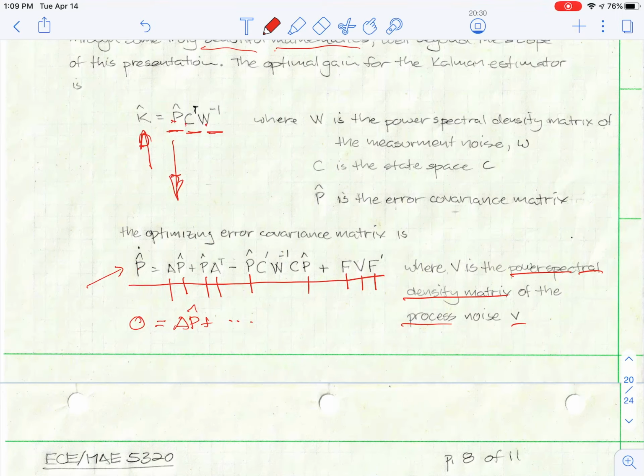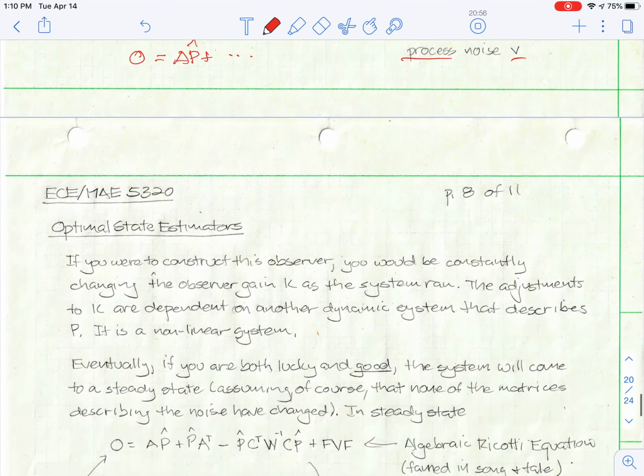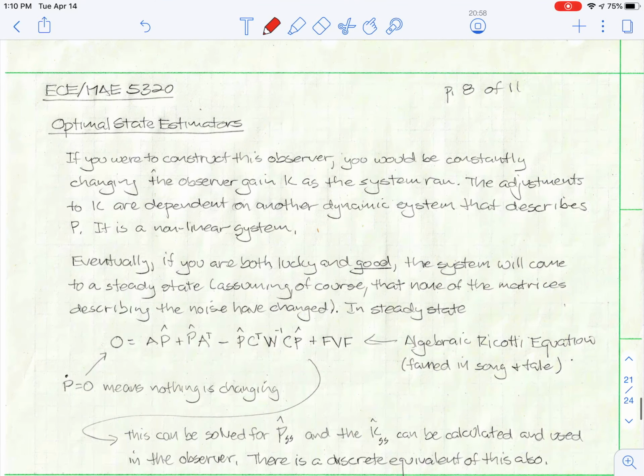These two, as long as the process noise hasn't changed, are going to be constants, and I use that term very loosely. This, however, will be moving because this is changing. And so that means that your Kalman gain in your system is going to be changing. If your Kalman gain is changing, that means that it's moving around, trying to find some spot to settle to, which it will do.